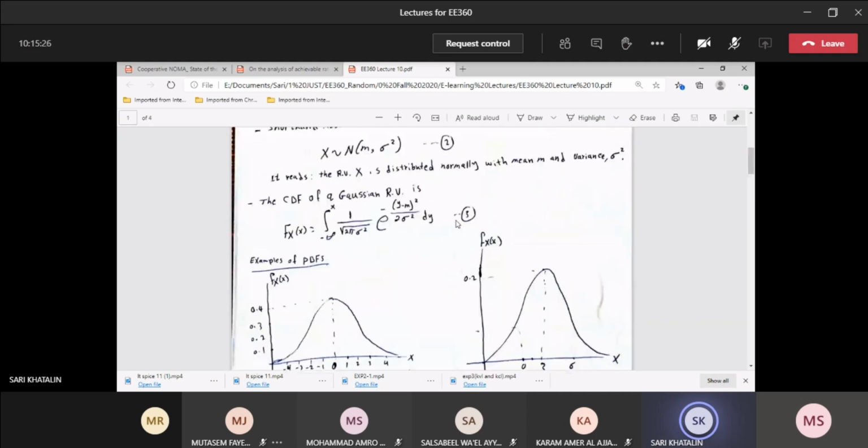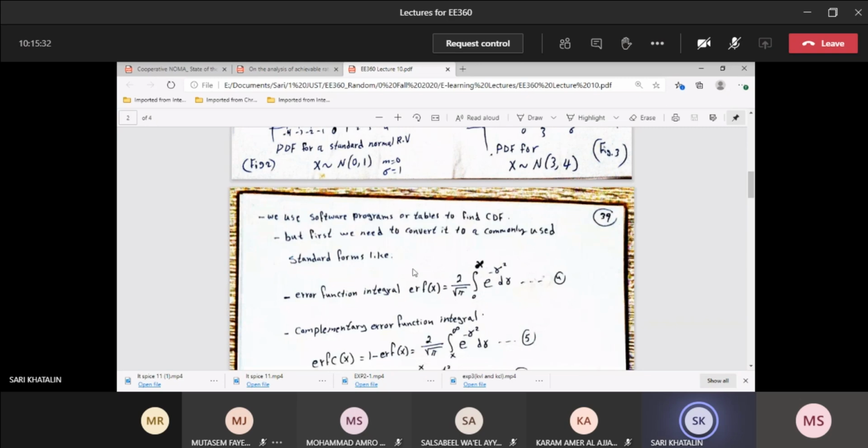Now the CDF given in equation 3, as you can see, is not easy to deal with. So normally we use software programs or tables readily available for this. But we can't use it as is.